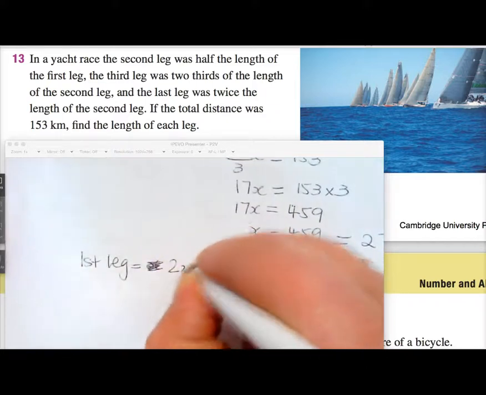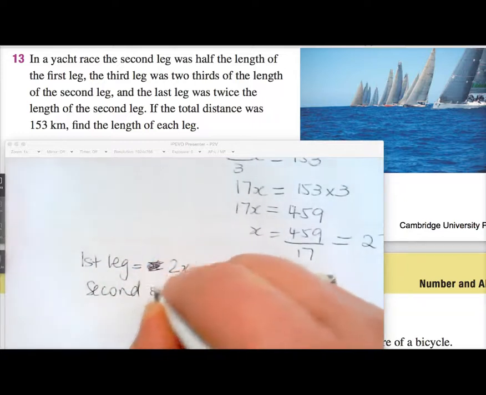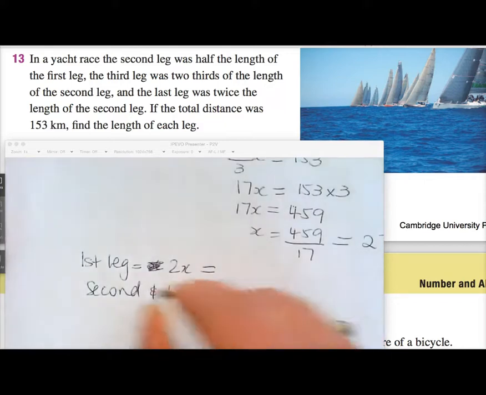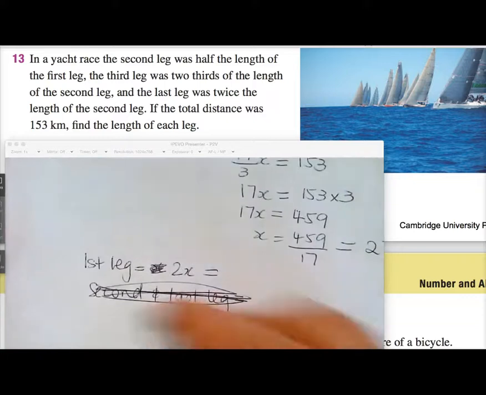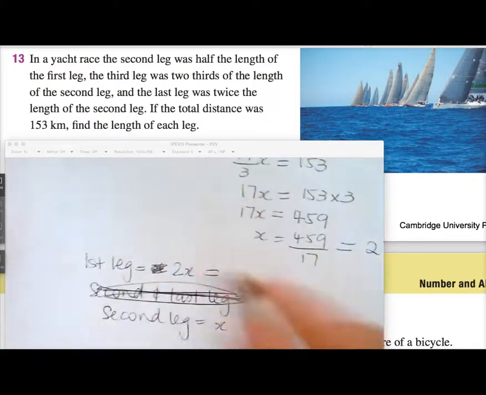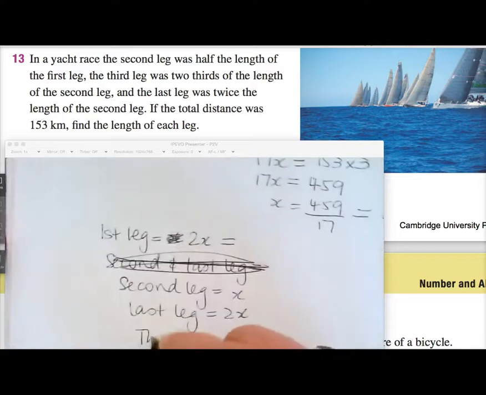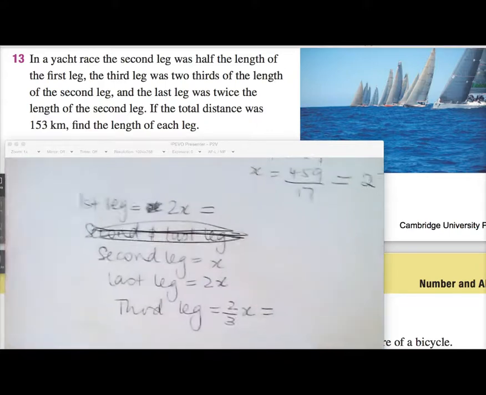Sorry, the second leg is x. First leg is 2x. Last leg's 2x. And the third leg is 2/3 x. I'm sure you can work them out. Can you work them out?